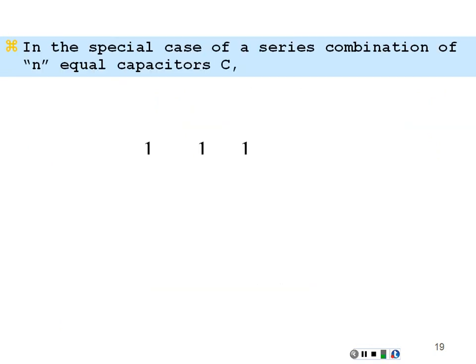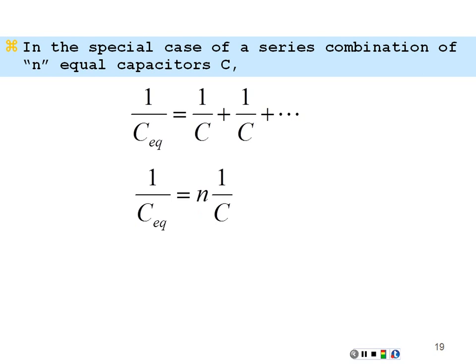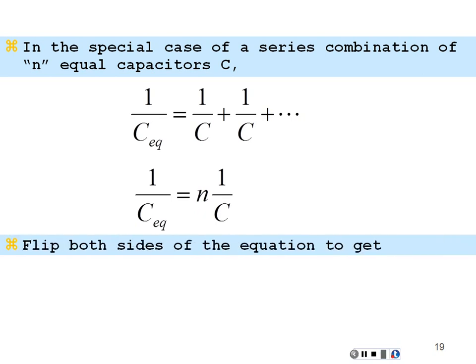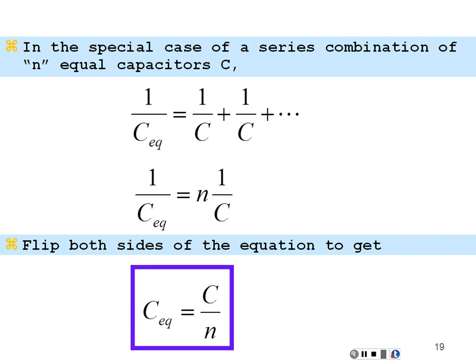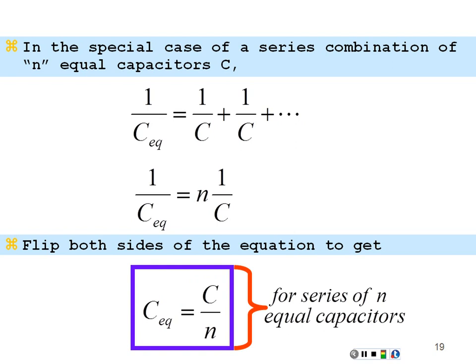In the special case, if I had a series combination of n equal capacitors, all of them the same, so I have 1 over C equivalent is 1 over C plus 1 over C plus 1 over C plus 1 over C, n times, then I would have 1 over C equivalent equal to n times 1 over C. Flip both sides of this equation, and we have C equivalent equal to C divided by n, n being the number of equal capacitors that we have in series.